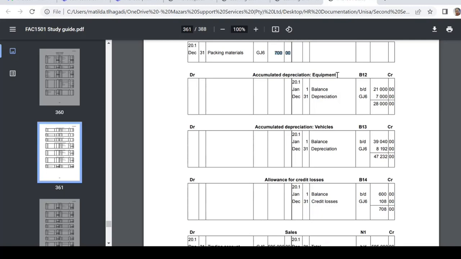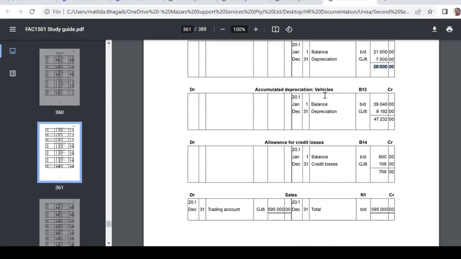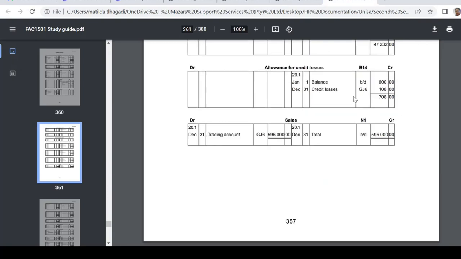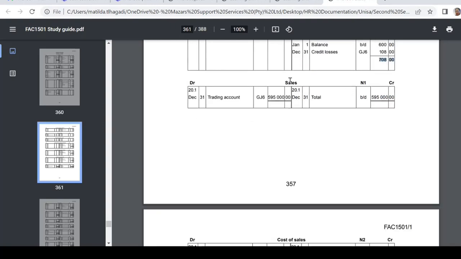And the accumulated depreciation, this comes from the trial balance. This comes from the general journal, and the closing balance is 28,000. This comes from the trial balance and the general journal, and this is the closing balance.